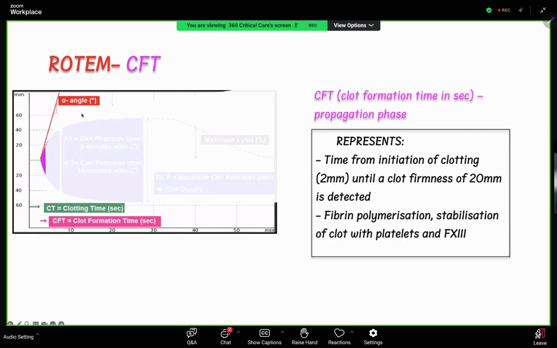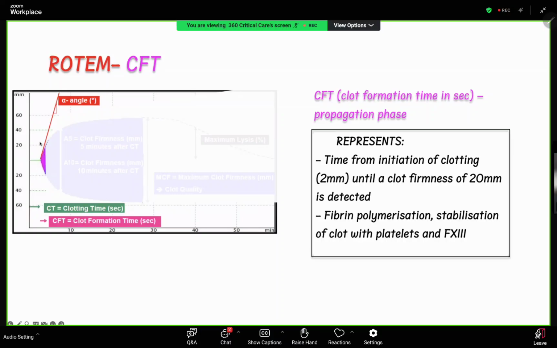We look at alpha angle. So alpha angle represents your clot initiation or clot strength. The higher the angle, the better it is. The lower the angle, the worse it is. Okay. Clot formation time. So clot formation time, in seconds, represents the pink part. This is the time from initiation of clotting, like 2 millimeter, where the height is 2 millimeter, until the clot firmness goes to 20 millimeters.